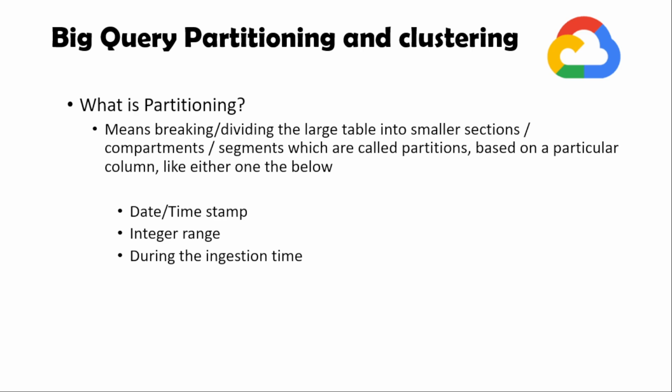You can partition based on a timestamp or a date. You can partition based on an integer range. You can partition based on the ingestion time. Okay, so let's go to the blackboard and we will see how we are going to do this, and how BigQuery will do this internally. So let's move on to the blackboard now.